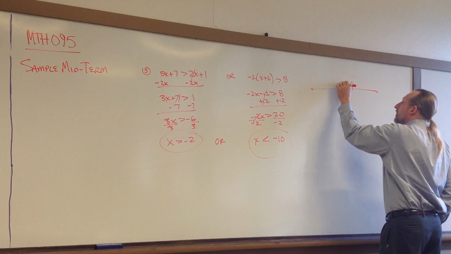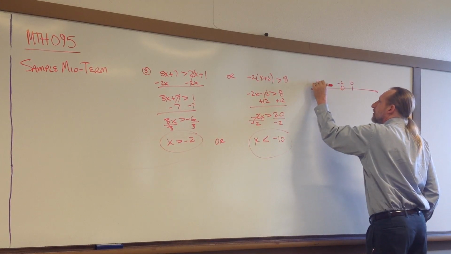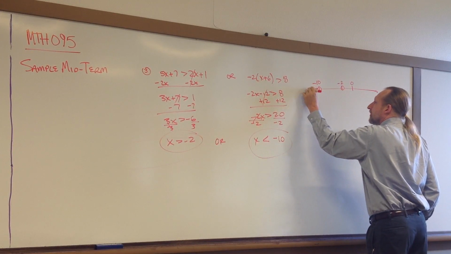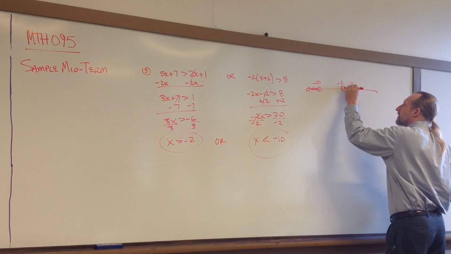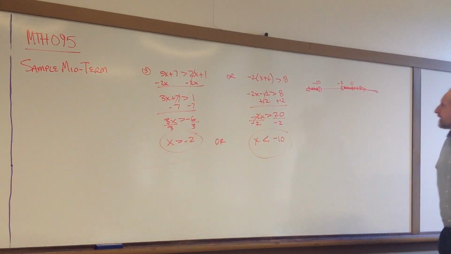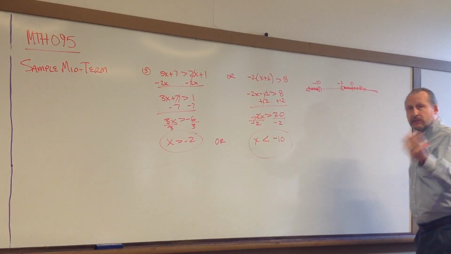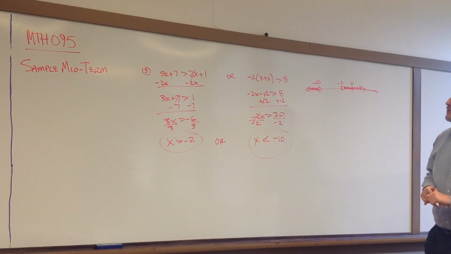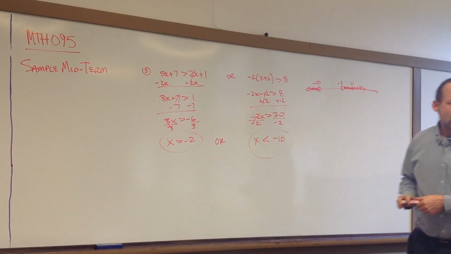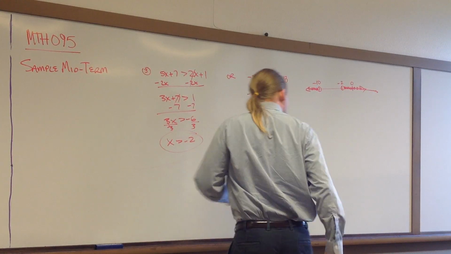There's our 0. There's negative 2 and negative 10. So x less than negative 10 is here. X greater than negative 2 is going to look like that. And you can see this is typical of the OR problems. They go off in opposite directions. All right, let's keep going here.